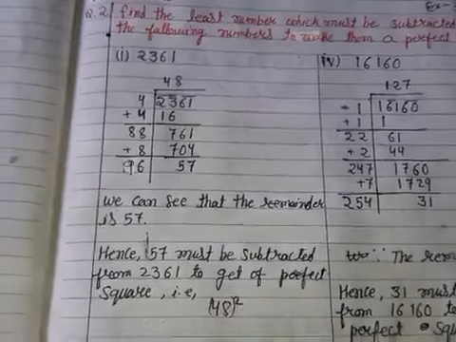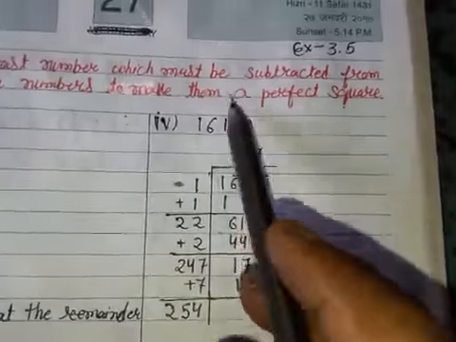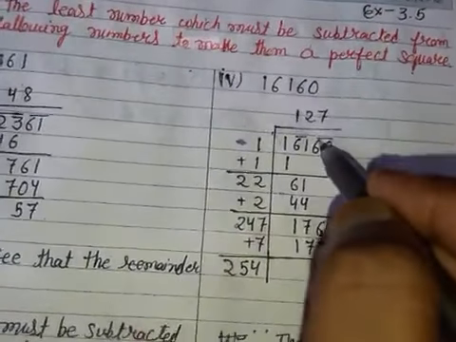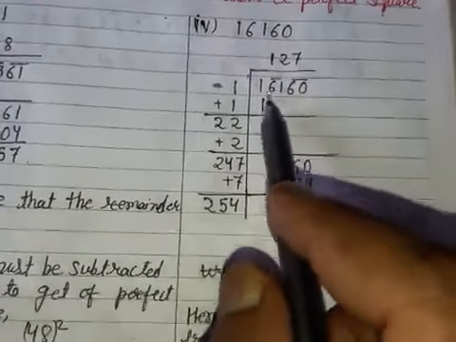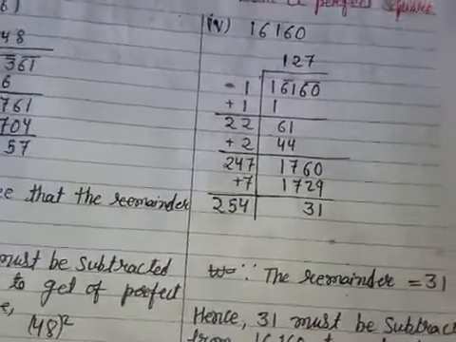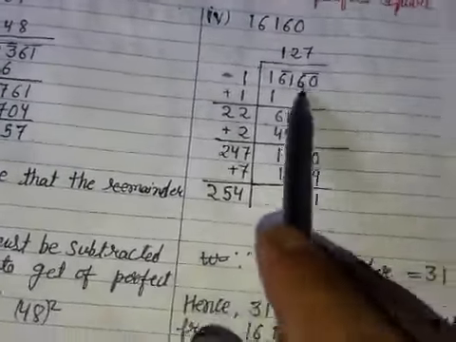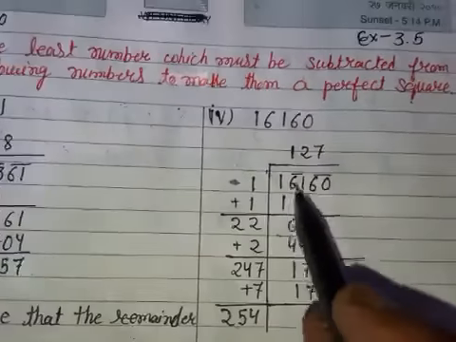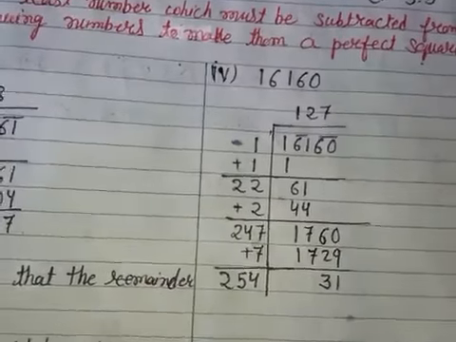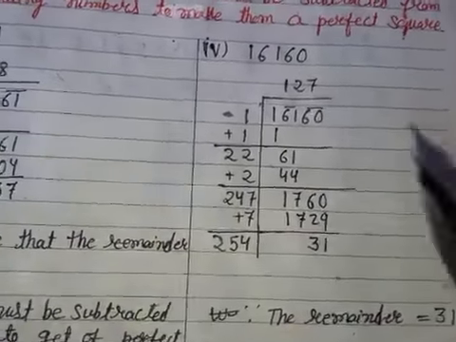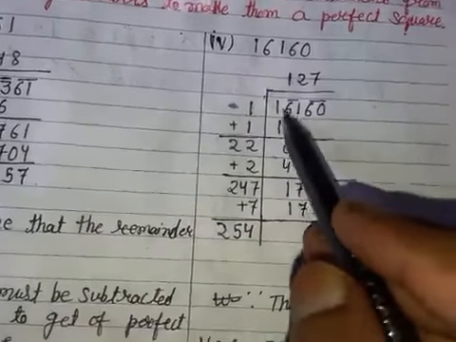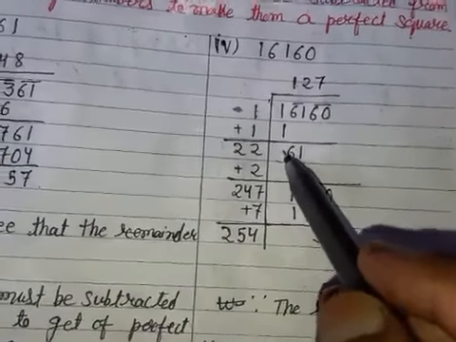Now question number 4, we pair it from the right-hand side to the left side. The first digit is single, not paired, which is 1. 1 1 is 1, it is subtracted.